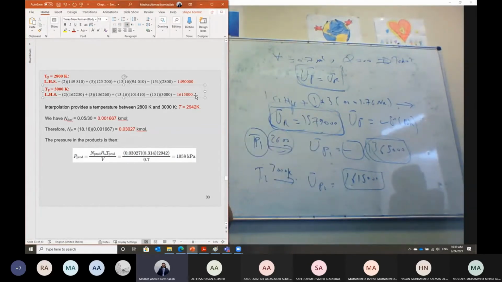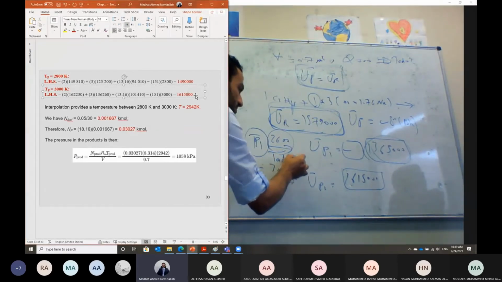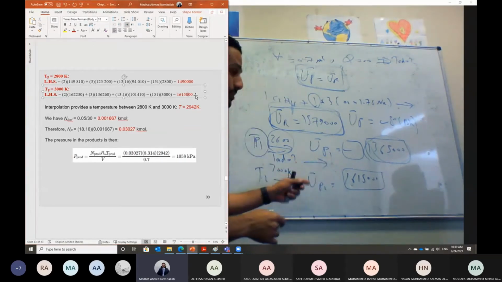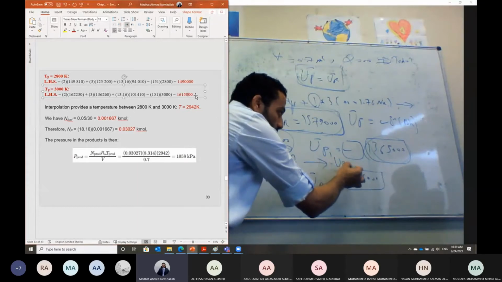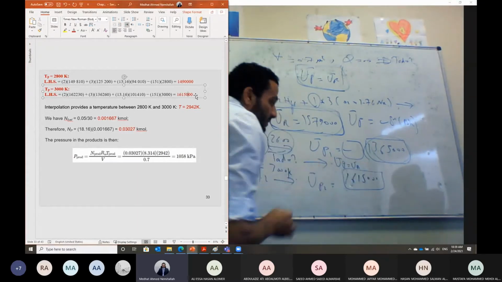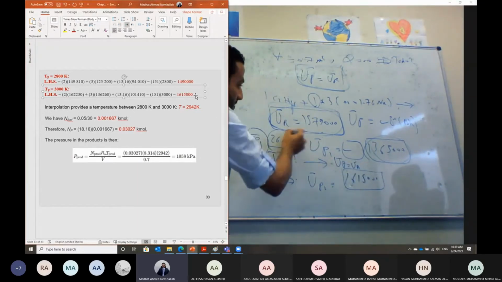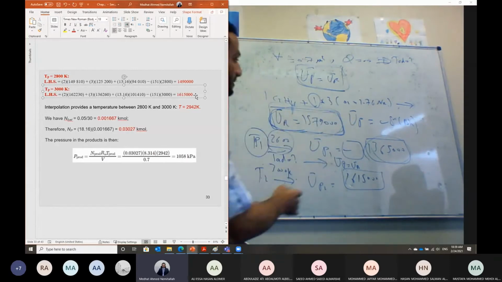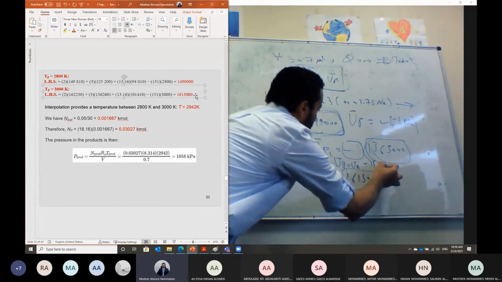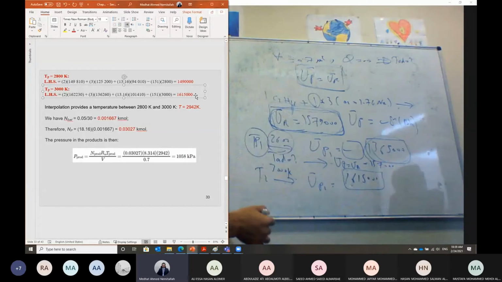That means the temperature that we are searching for, the adiabatic flame temperature, should be in between, at which U product is equal to U reactant, equal to this value, 157,300. Then you can do the interpolation.